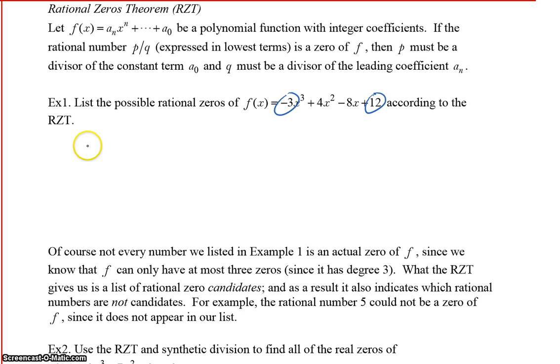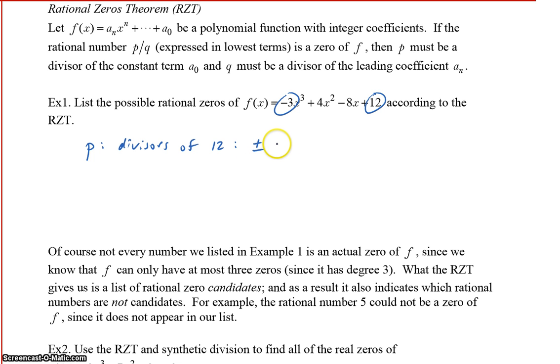So the p's would be divisors of 12. Now the divisors of 12 are plus or minus. We could have both positive or negative divisors.